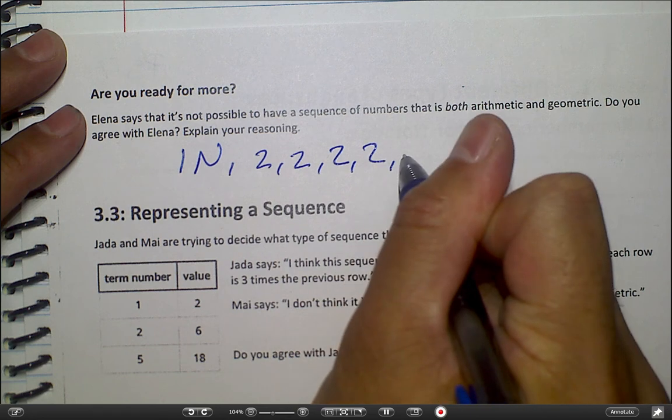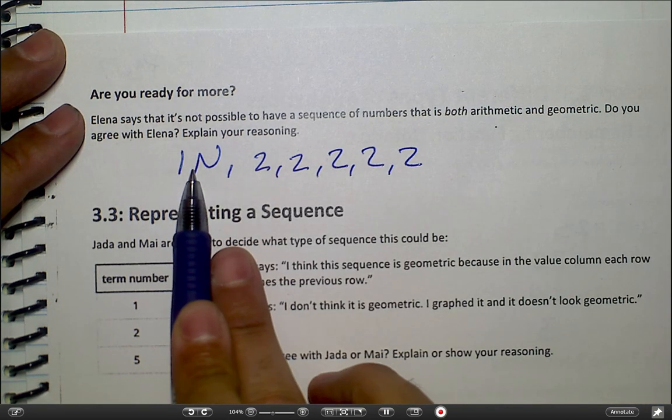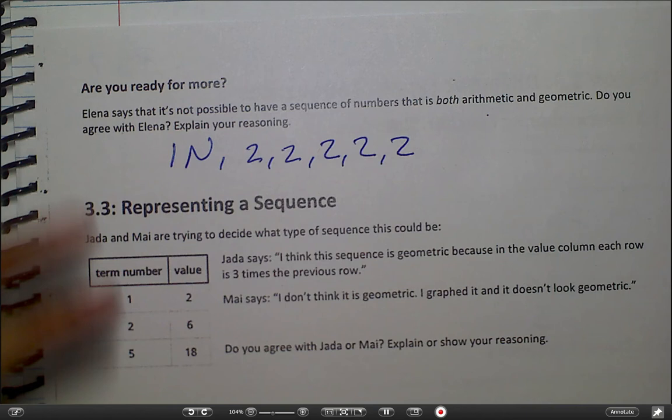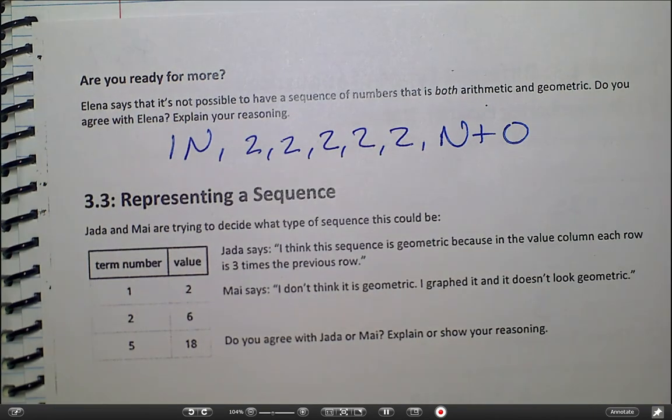What's 1 times 2? 2. There it is. Is that geometric, right? Now, what would be the arithmetic way for this? Addition. How would I do that? Add 0. N plus 0. Good job.